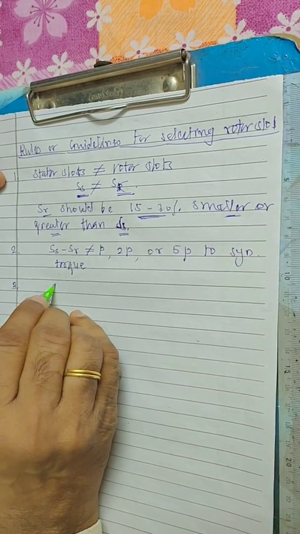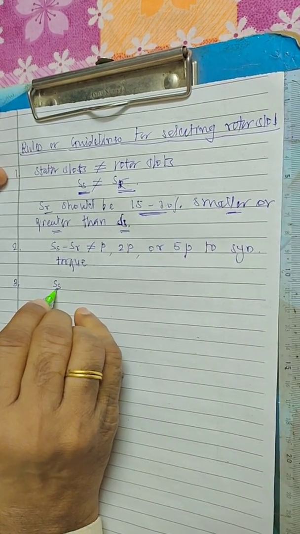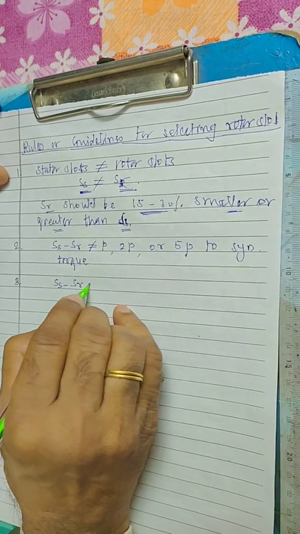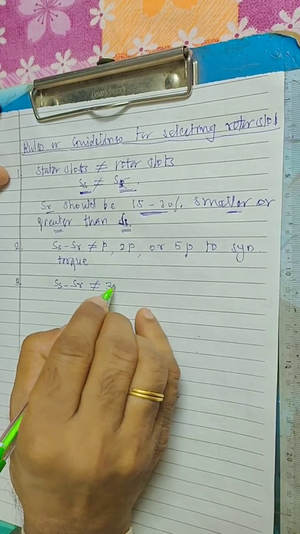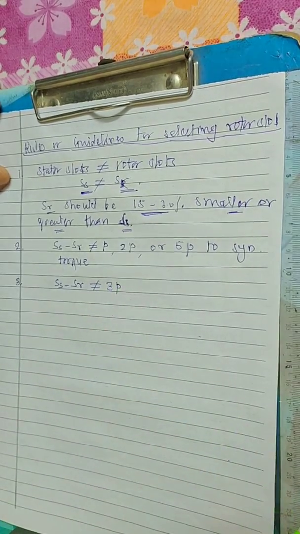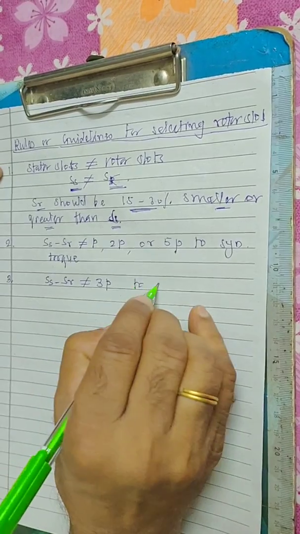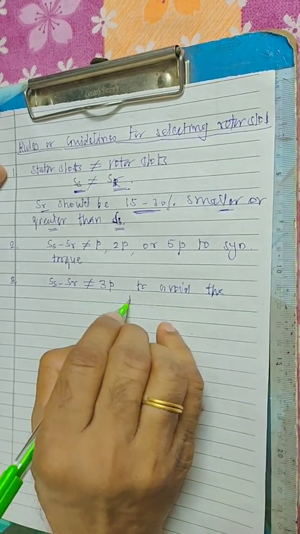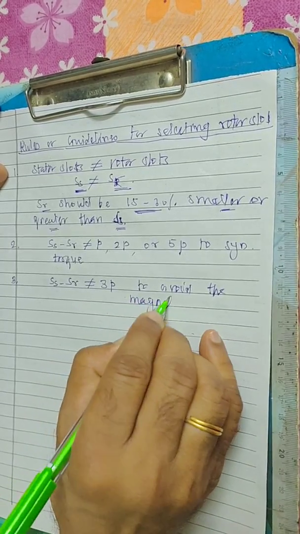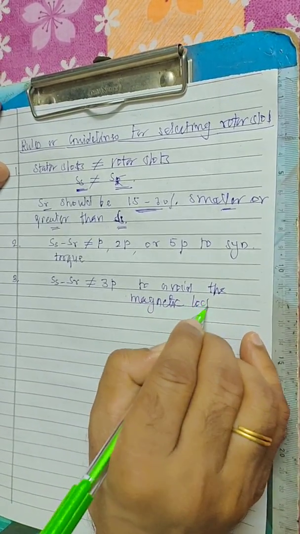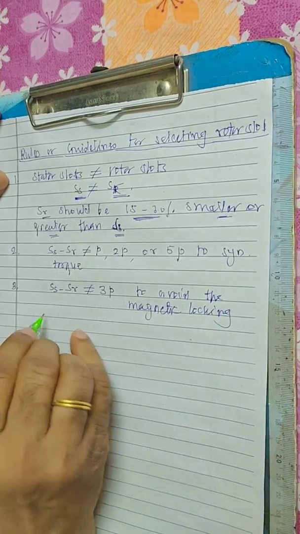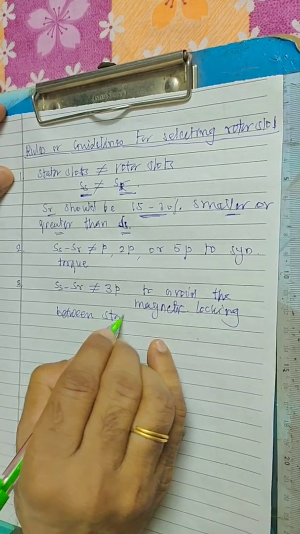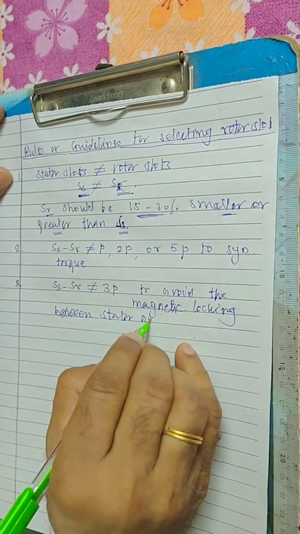The difference between stator slot SS and rotor slot SR should not be equal to 3P, P the number of poles, to avoid the magnetic locking between stator and rotor.